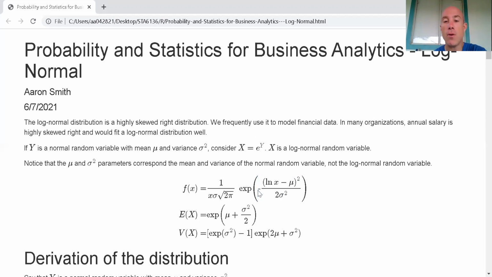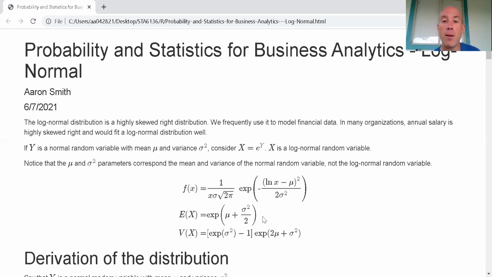That's all looking the same, but I've got a log of the value. So the two things are different: an x in the denominator of the fraction, and a log where previously I had a regular variable. That's the difference between the formulas for normal and log normal.